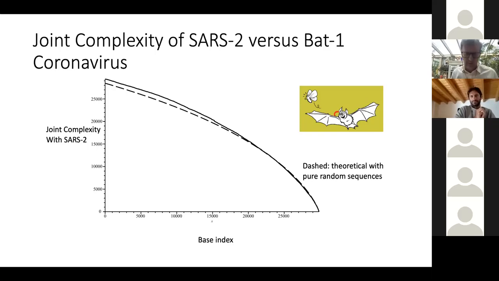So I compute the joint complexity between the suffixes of this COVID sequence and the BAT1 coronavirus, and I compare with the pure random case, and we can see that actually the COVID has joint complexity with the BAT coronavirus which is above what we expect if they were unrelated, purely random.